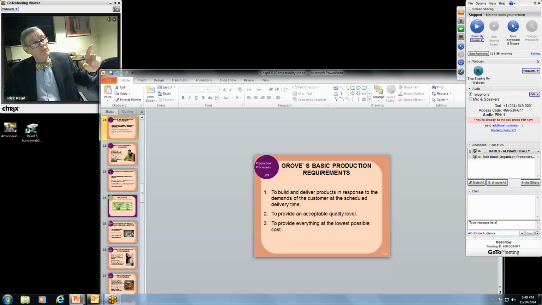I could get one for the lowest possible cost, but it probably wasn't going to last very long. I could get one in the middle, which is what I decided to do based on the age of my car, that was going to last longer, but it wasn't going to be quite up at the top. Or I could buy the top of the line, which would probably last a lot longer than I was going to keep my automobile. That's what we're talking about here, what Andrew Grove had to say.